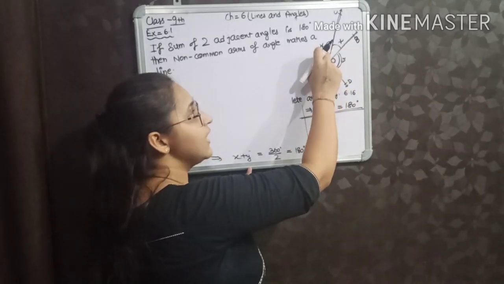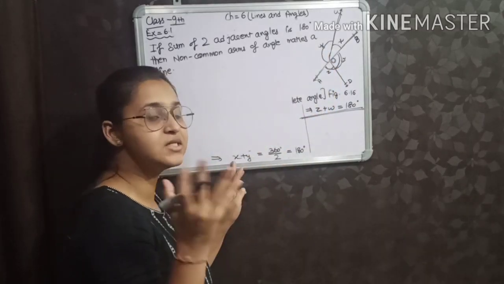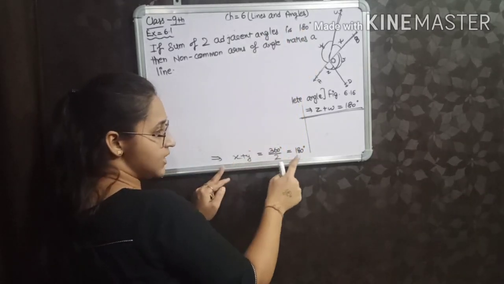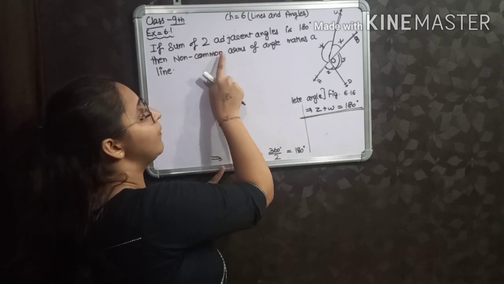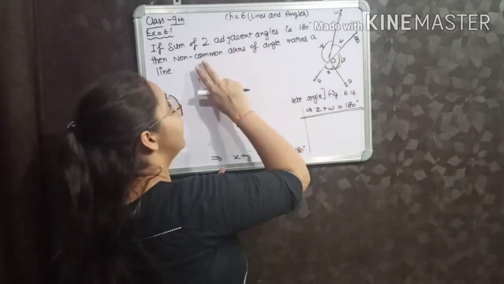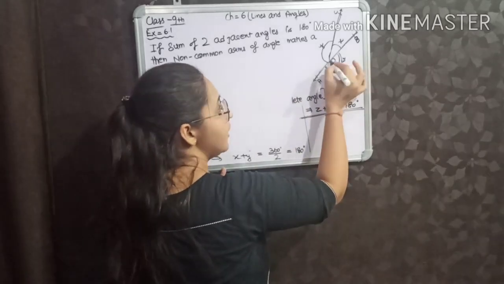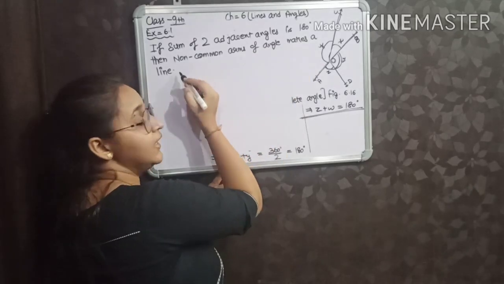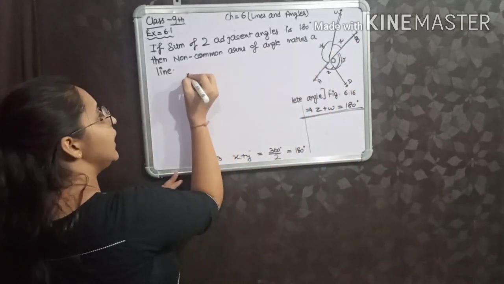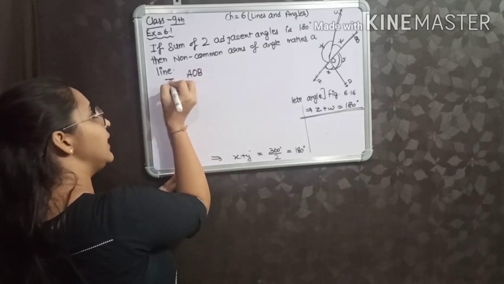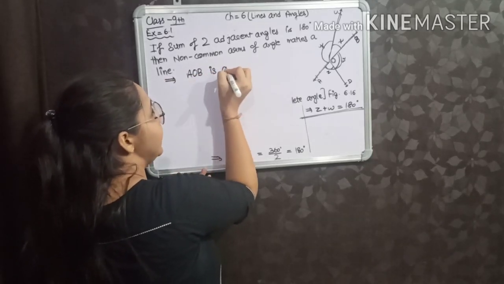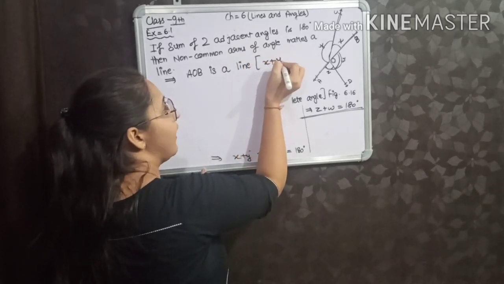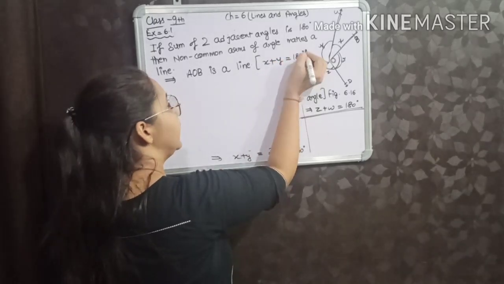So angle x and angle y make a pair of adjacent angles. Now the sum of two adjacent angles is 180 degrees, we have x plus y equal to 180 degrees, then the non-common arms, in this case OA and OB, make a line. It means AOB is a line because x plus y is equal to 180 degrees.